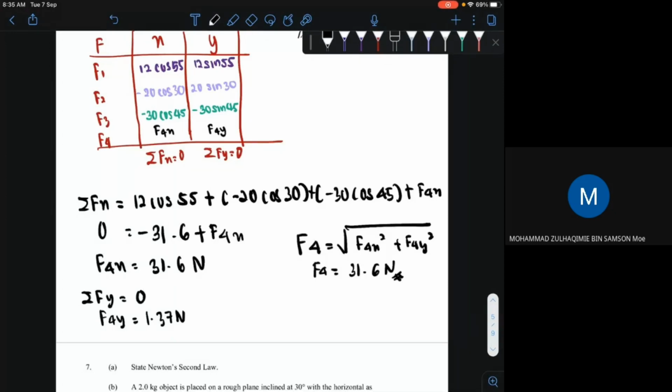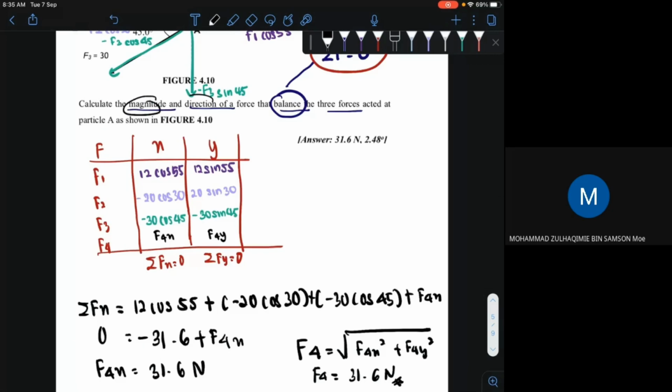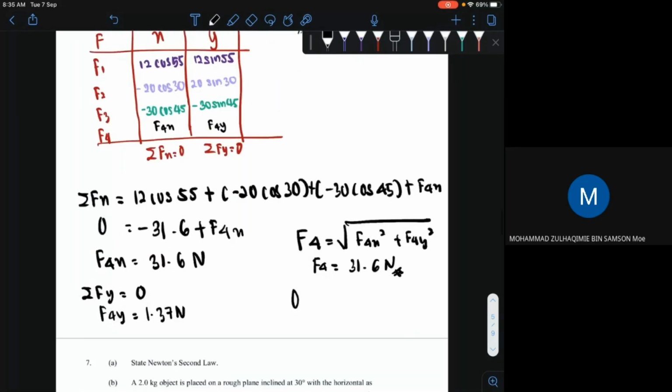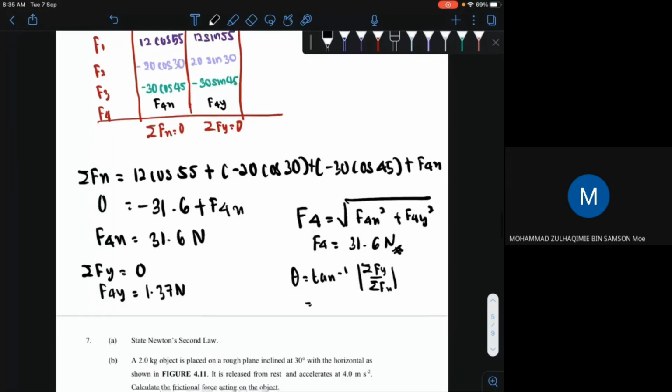Okay, this is only the magnitude. The question wants the direction too. Alright, to find the direction, shift tangent, summation Fy over summation Fx. Fy is 1.37, Fx is 31.6. So I press the calculator and get 2.48.